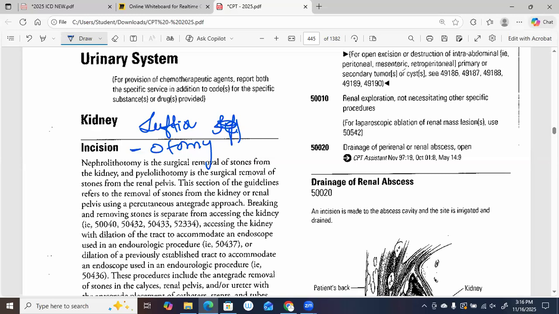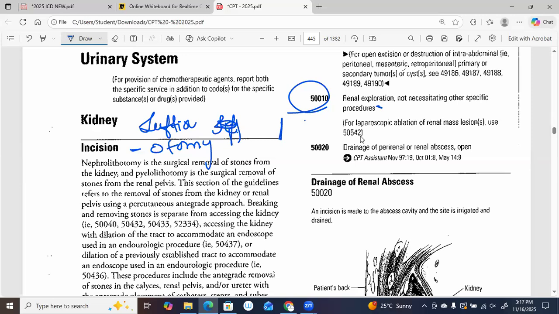The first code we have here is renal exploration. Renal exploration means the doctor makes an incision in the kidney to explore the nephrons, the renal cortex, or the internal area of the kidney.